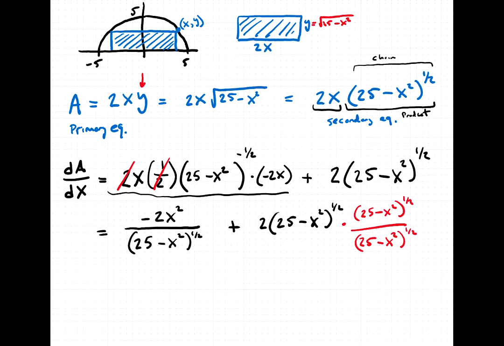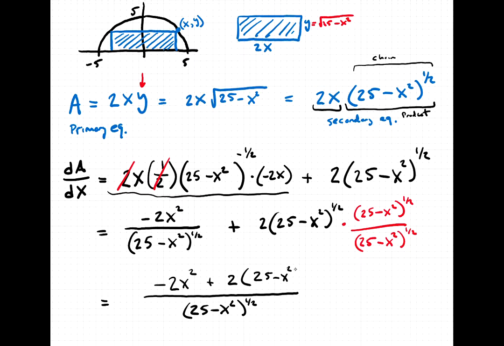So that will give us a common denominator, 25 minus x squared to the 1/2. And let's see, on top we've got a minus 2x squared from the first term. And here, 25 minus x squared to the 1/2 times itself. Well, we have a 2 out front, and that will be just 25 minus x squared to the first power.